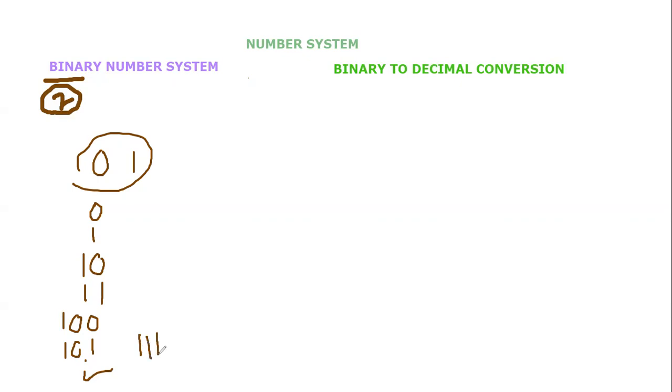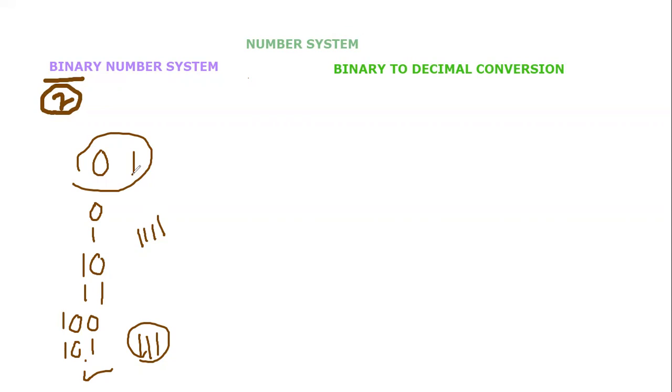Similarly, on the fourth combination, at the end you will have 11. So this is how this number system will be grown, and you can see that there are only two possible symbols to be used: either 0 or 1.